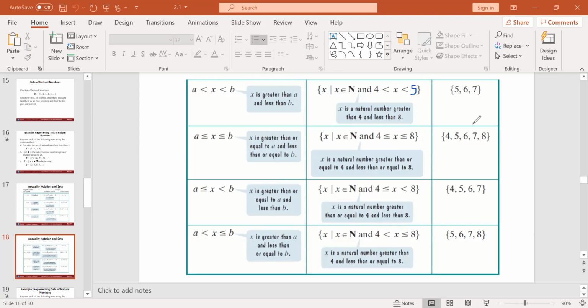So all natural numbers greater than 4, but less than 5. Would there be any? No, there wouldn't be any natural numbers. If you could do real numbers, you could do 4.6, you could do 4.1, 4.02. But since they have to be natural, there's nothing that is greater than 4, but less than 5. No such number. So this would actually be the empty set.